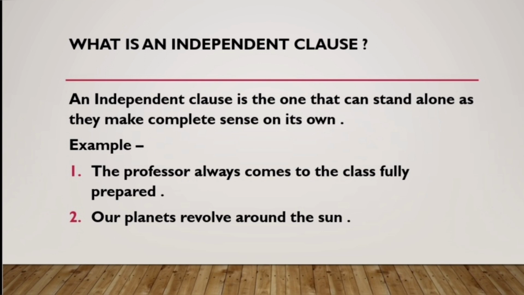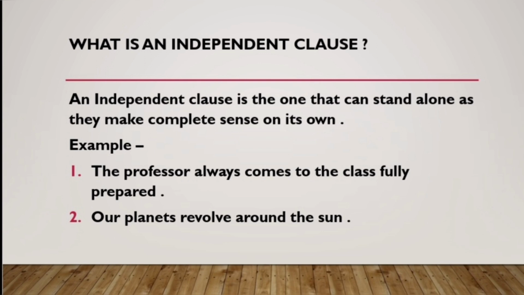An independent clause contains a subject and a predicate and makes sense by itself. The basic definition of a clause also says that it has a subject and a finite verb. So an independent clause is complete by itself to convey its meaning. It is not dependent upon any other clause to complete its meaning. It makes complete sense on its own.